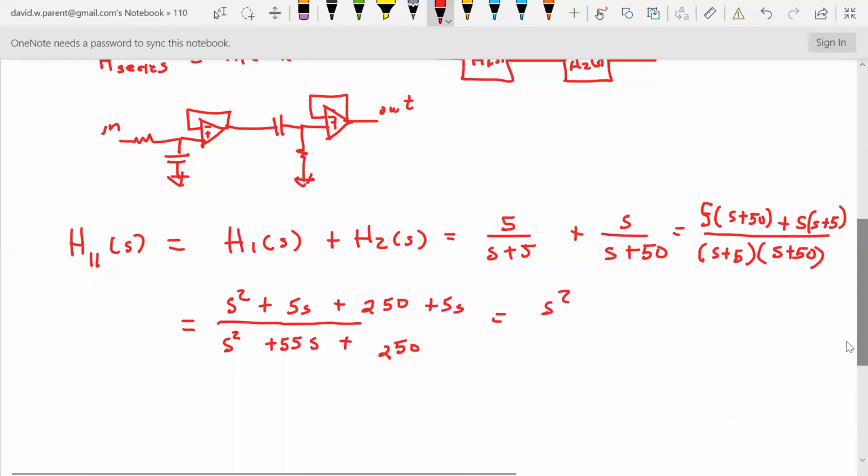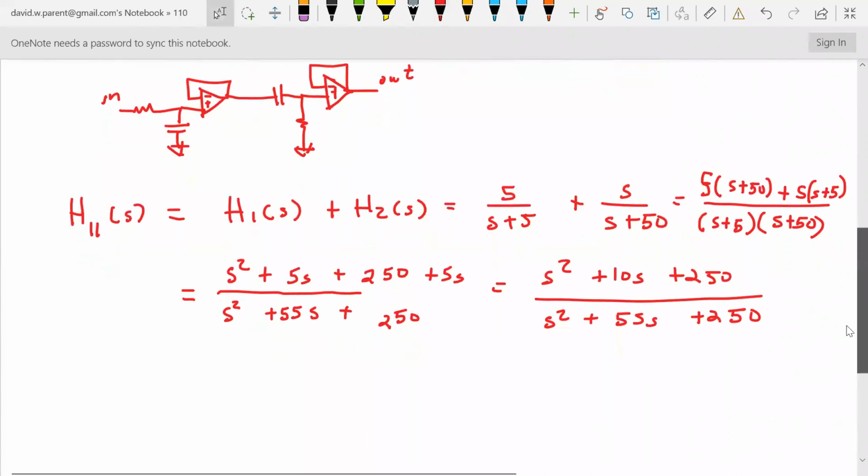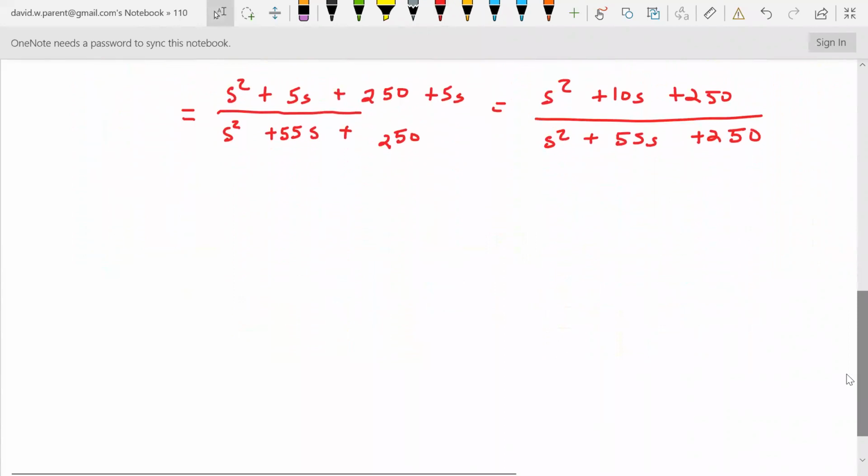So I have S squared plus 10S plus 250, S squared plus 55S plus 250. All right. And yeah, there's another way to do this, the fancy way, that I will show you later. But we're doing the parallel version right now. So that would be the transfer function.